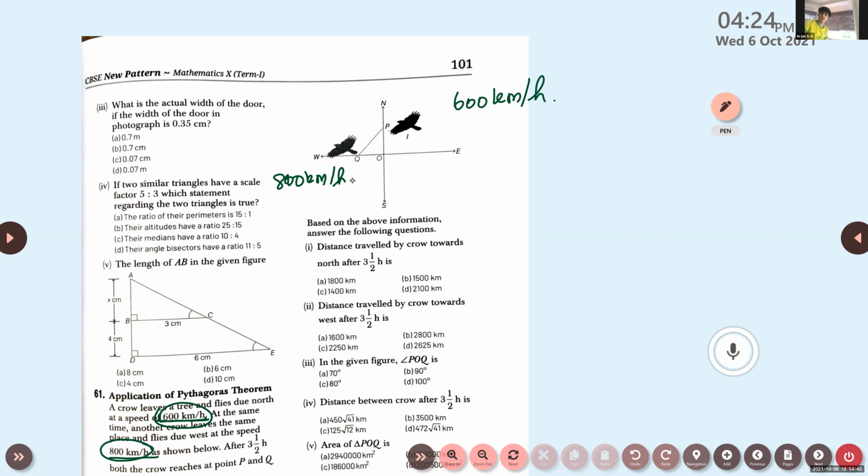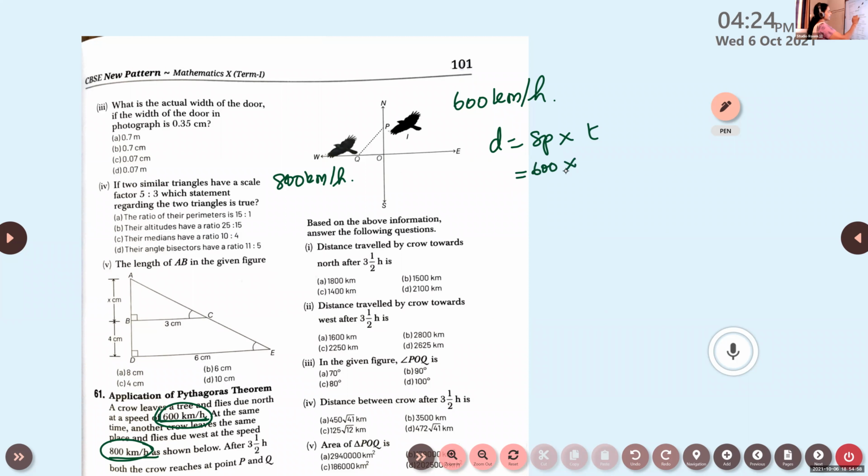Speed is equal to distance upon time, so distance is equal to speed into time. Yes, correct. The speed is 600.